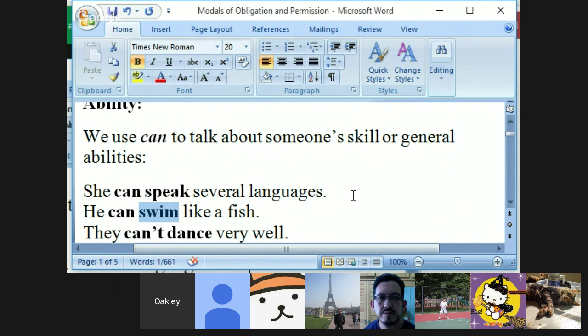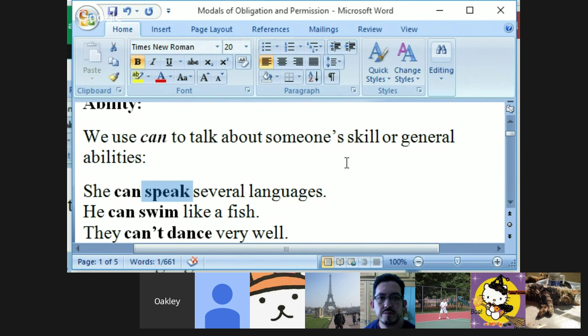I can speak different languages. They can speak different languages. Notice we don't need to conjugate the verb, even though it's present simple tense. So I speak, she speaks with an S, they speak. We don't have to worry about that either. So the actual construction with any modal is very straightforward.